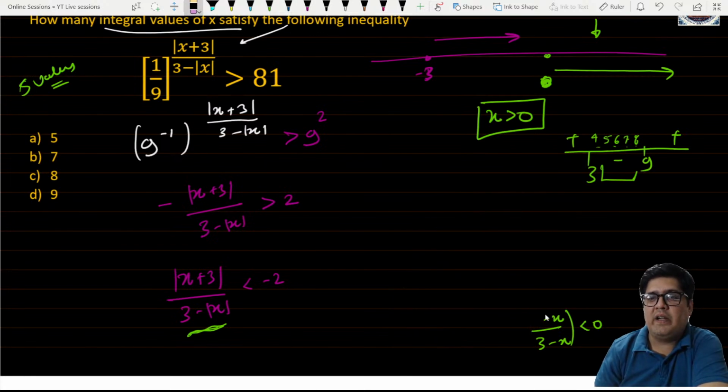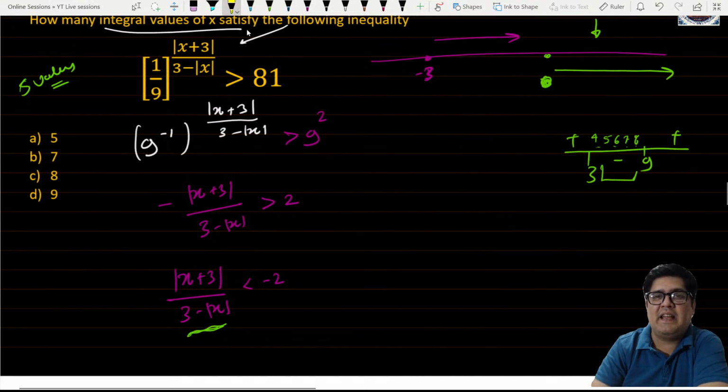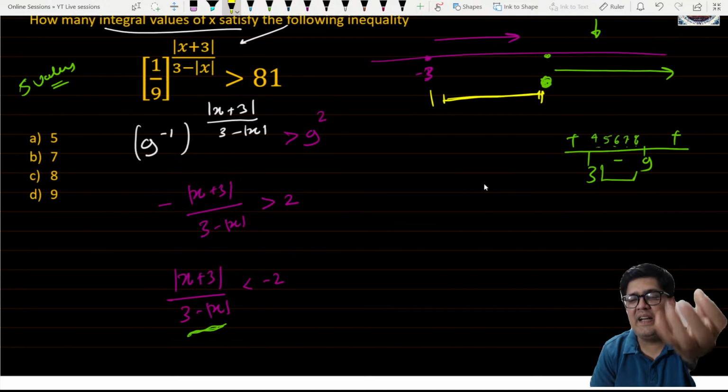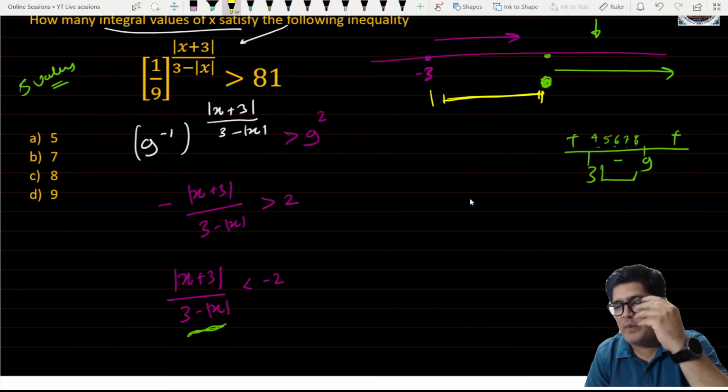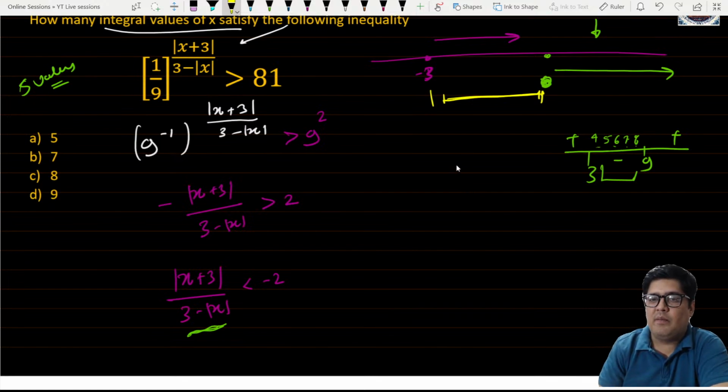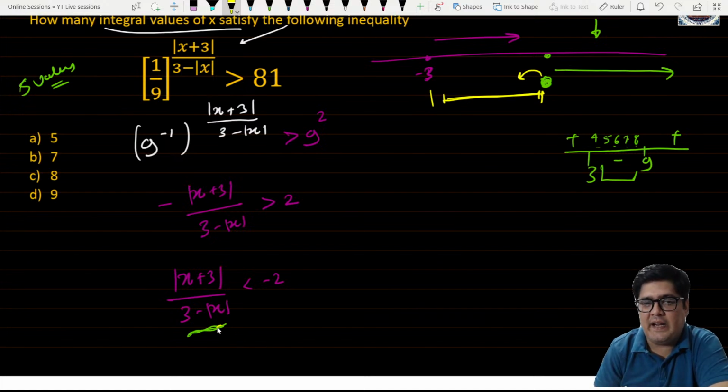Now, what if I imagine x to be between 0 and -3? I can directly put values as -2 and -1 and check. But here if you observe, I have moved on the left side of 0. So this will become negative.